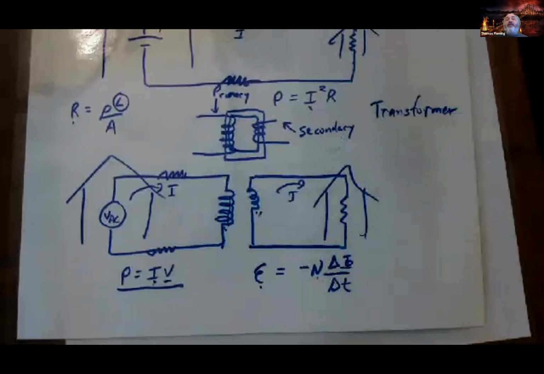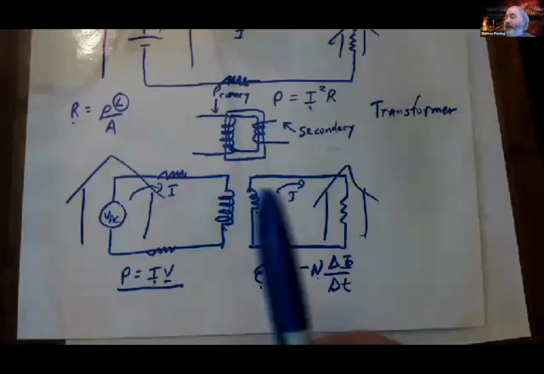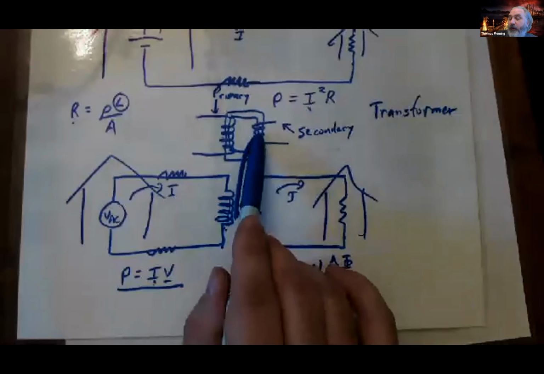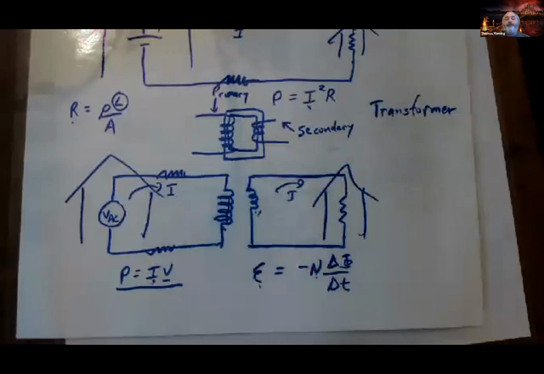But there are other situations where you might want a step-up transformer, where you put voltage in that's low and it comes out at a higher voltage, but of course, comparatively smaller current. How would you do that? All you'd have to do is make the number of loops in the secondary larger than the number of loops in the primary. That's pretty cool.